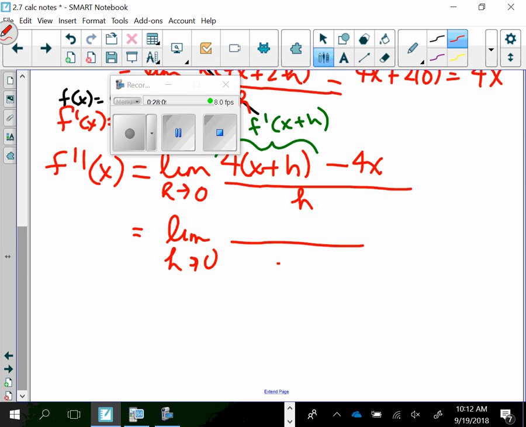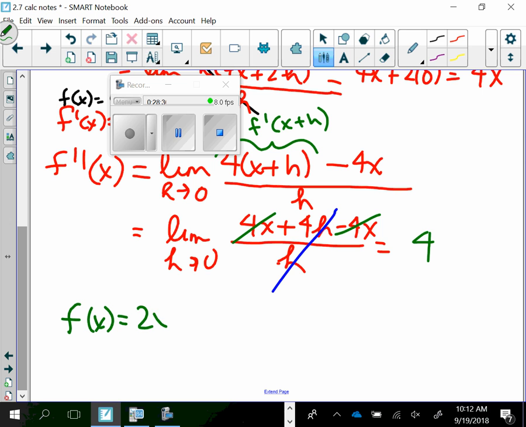So we get 4x plus h, 4h minus 4x, the 4x cancel. H is canceled. And we get 4. Okay? So, f was 2x squared. F prime was 4x. F double prime is 4.